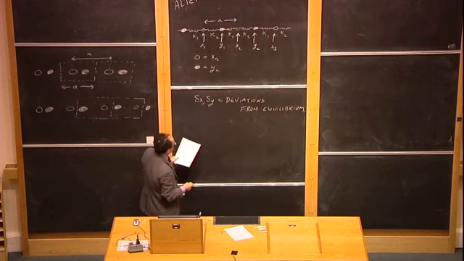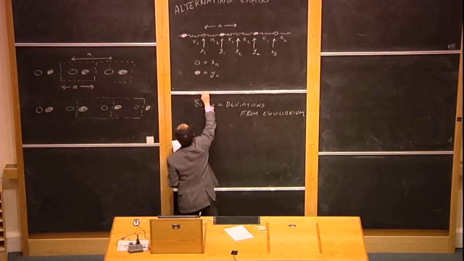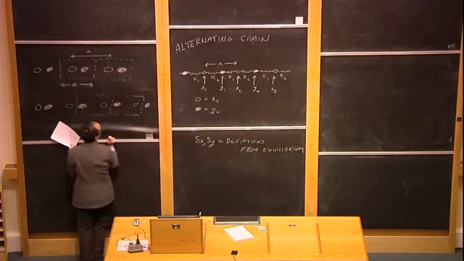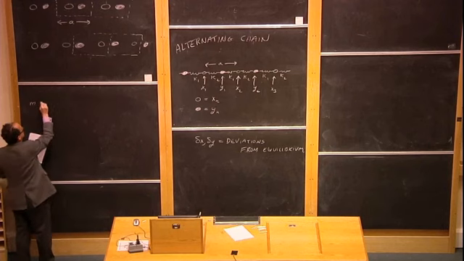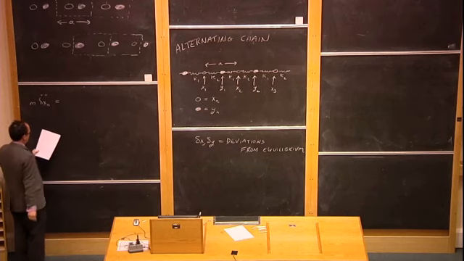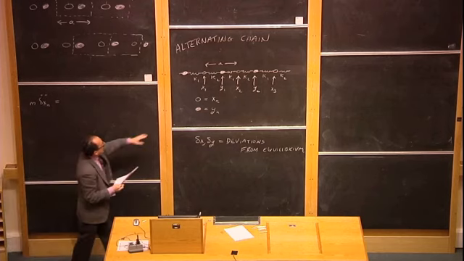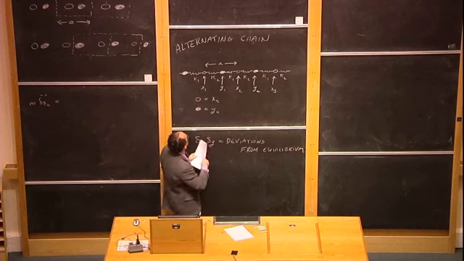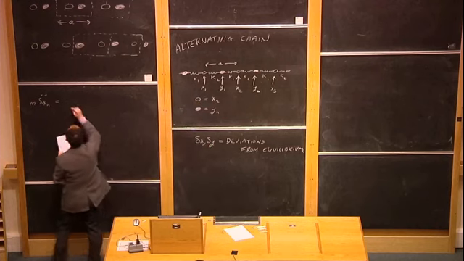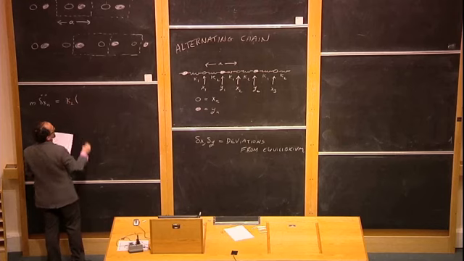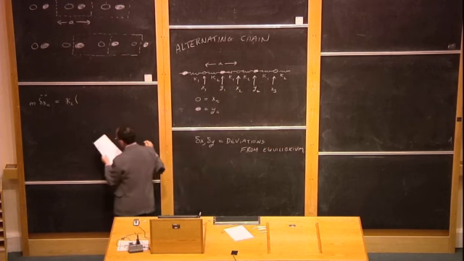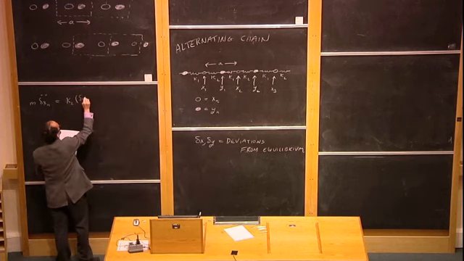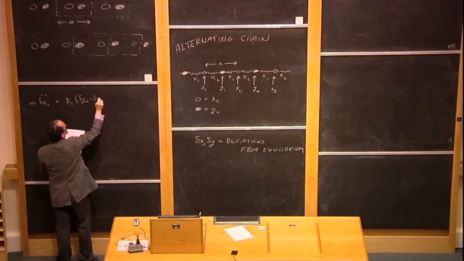So maybe I'll put it over here. Mass delta x double dot, mass times acceleration, equals, we have to be a little bit careful here. On an x atom, a light atom, on the right it has a kappa 2, and on the right of an x atom is a y atom with the same number, so kappa 2 times delta yn minus delta xn.